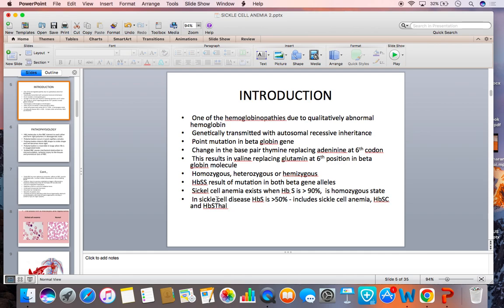It means there is a combination of sickle hemoglobin with other abnormal hemoglobins. That is, there are double mutations resulting in the combination of HbS and HbC. HbS thalassemia is most common in our Indian patients.